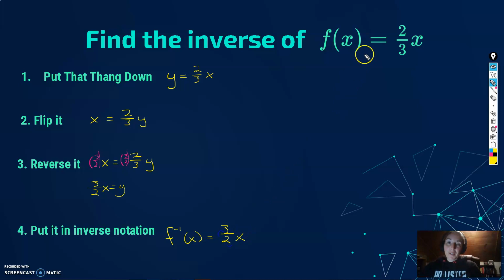So if f of x equals 2/3 x, then f inverse of x is equal to 3/2 x. Notice that this function is also one-to-one, because it is a linear function and all linears are one-to-one. So because this is one-to-one, we were also able to find the inverse.